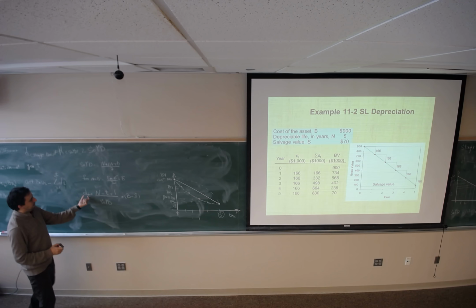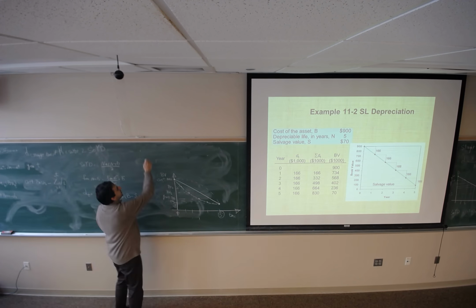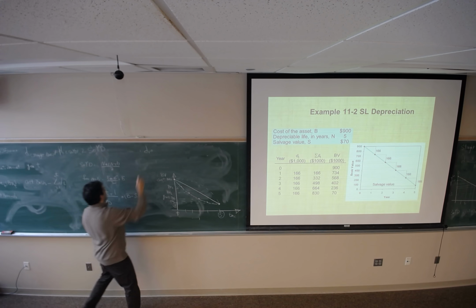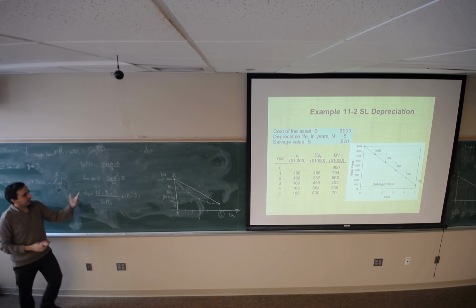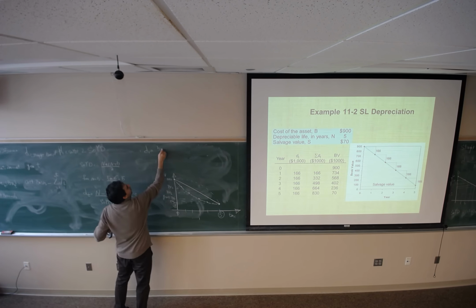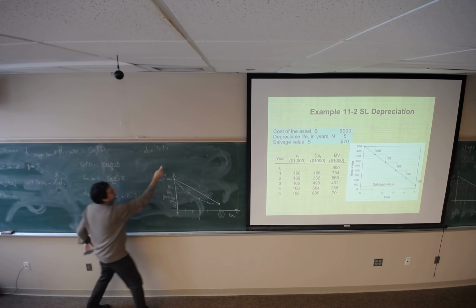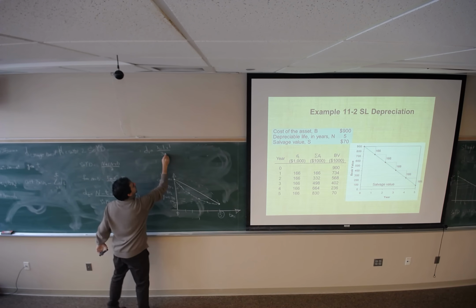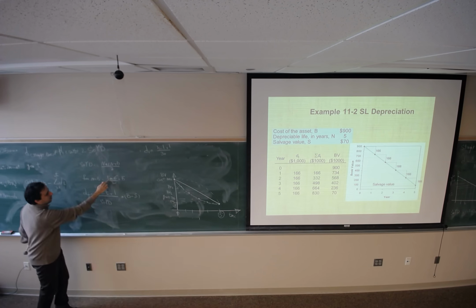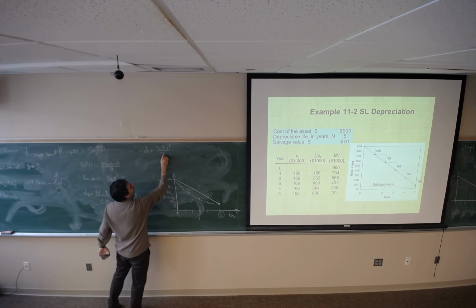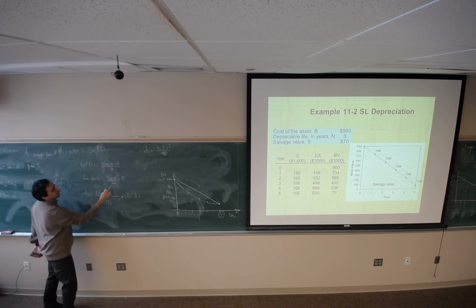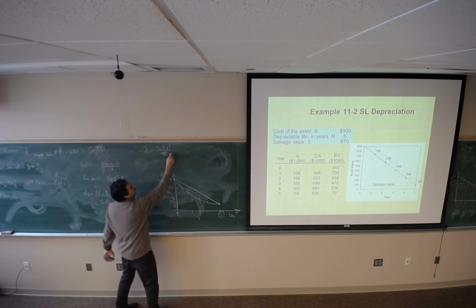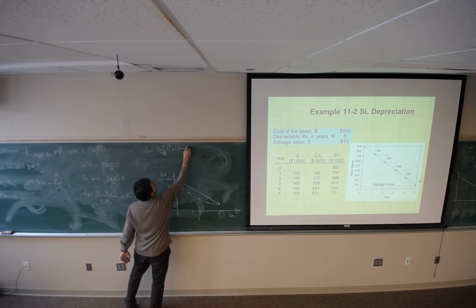Back to that example. I would like to find the depreciation for the first year, D1. How much can I deduct from the taxable income for year 1? N is 5. For the first year, it's 5 minus 1 plus 1, dividing by 15 (SOYD is 15), multiplied by 900 minus 70.